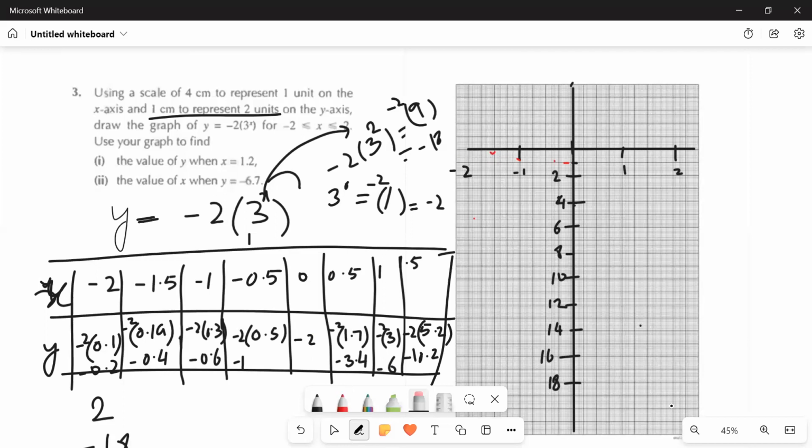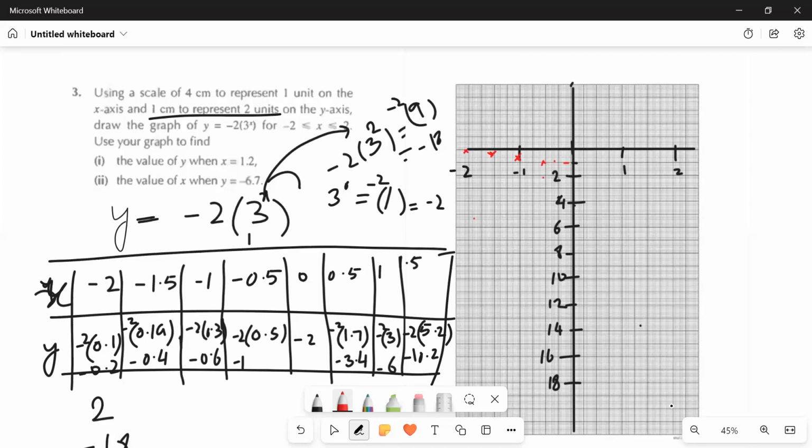This one is very close to 0. This one is a little down, and then this one is the middle of this, and this one is for minus 0.5, it will be 1. It will be 1 here.